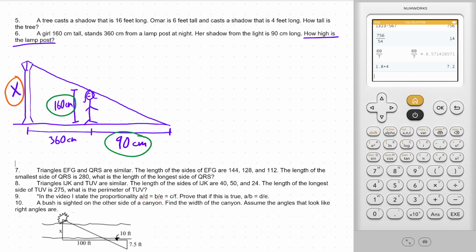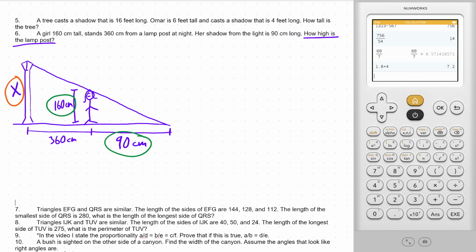For the side along the ground of the larger triangle, I need to add 360 to 90 to get this full length, which will be 450 centimeters.